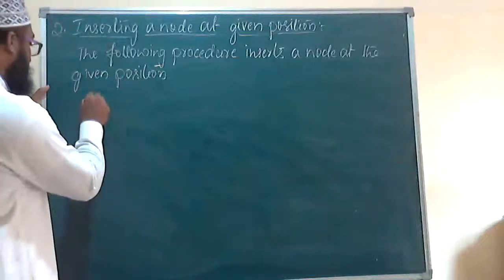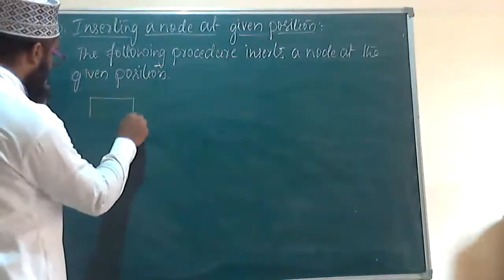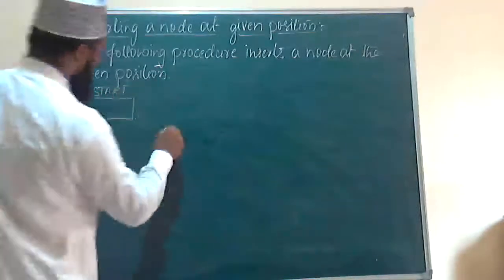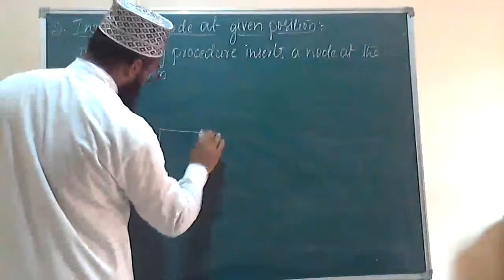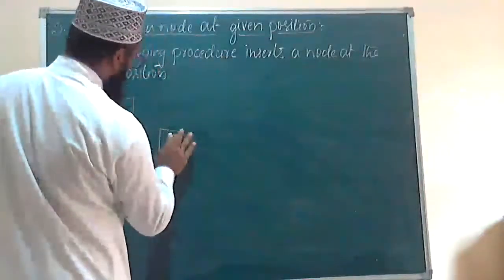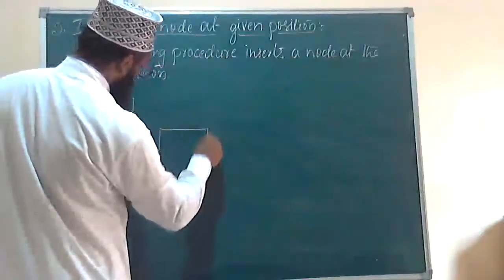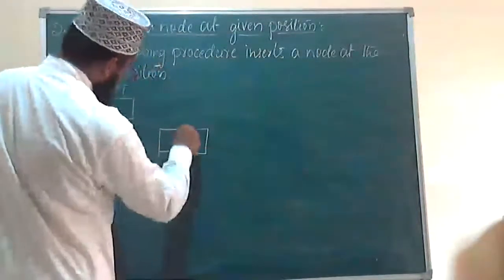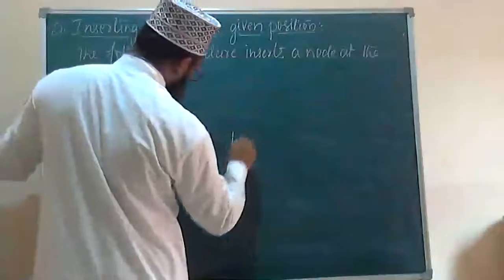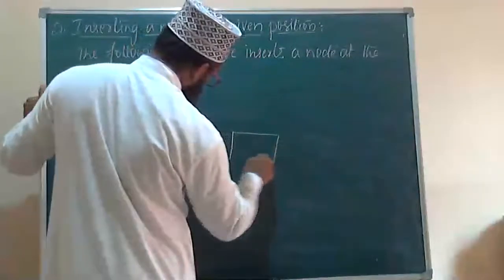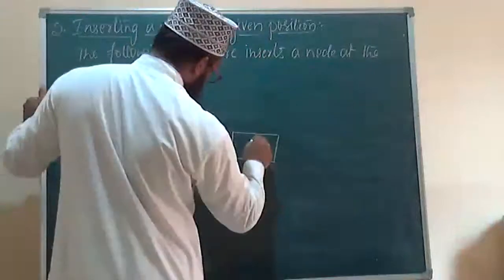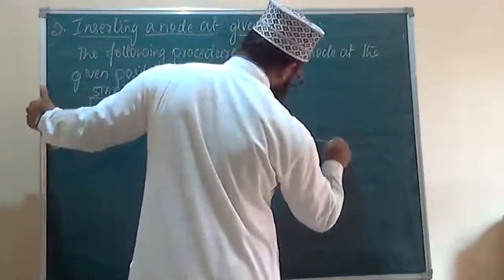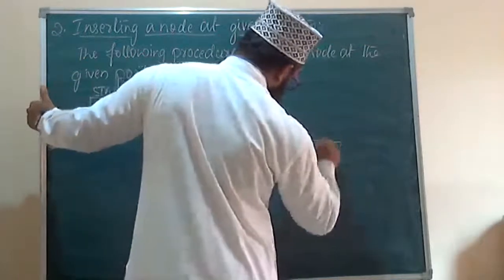If we have created a linked list, this is the start pointer, and we are going to create a linked list here by creating two or three nodes. Take this as node 1, then node 2, then node 3 and node 4.